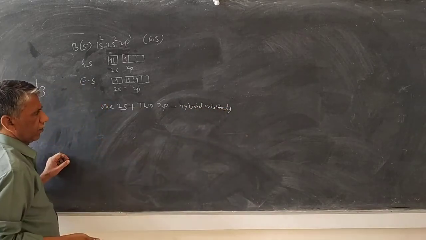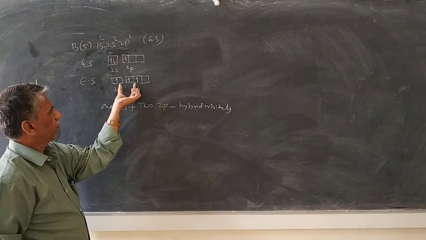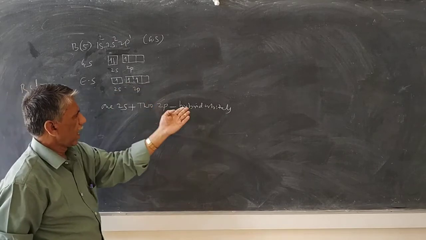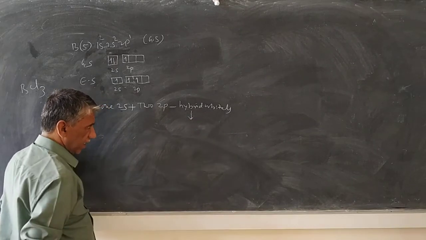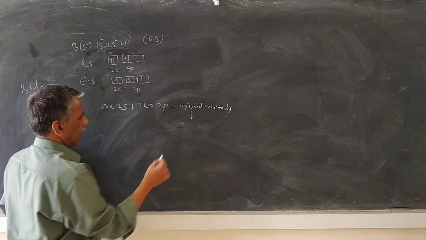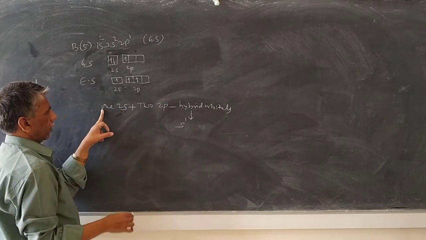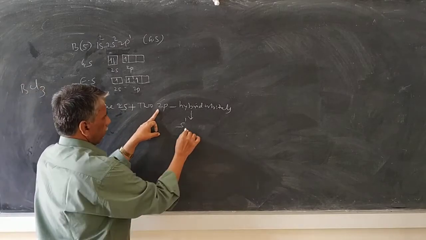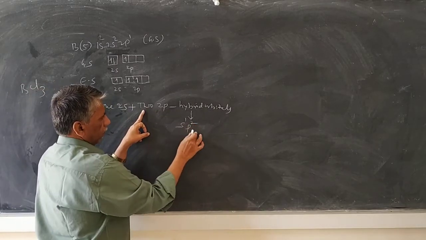Before hybridization, I am calling them atomic orbitals. After hybridization, I am calling them hybrid orbitals. And the name of these hybrid orbitals is s1 p2.